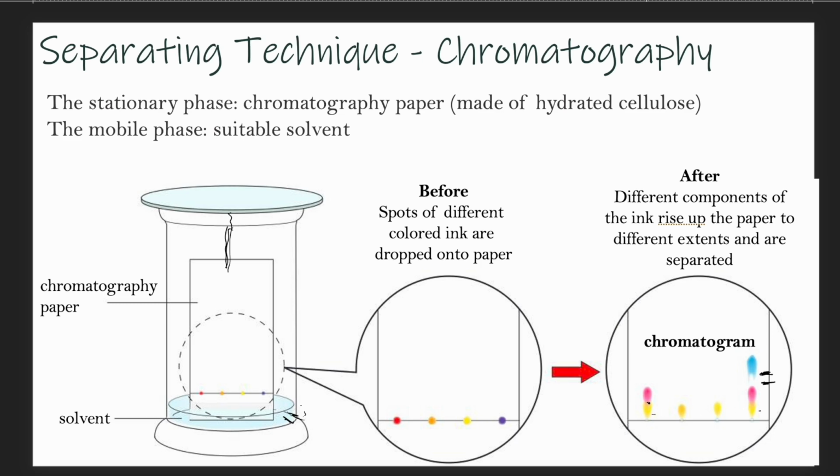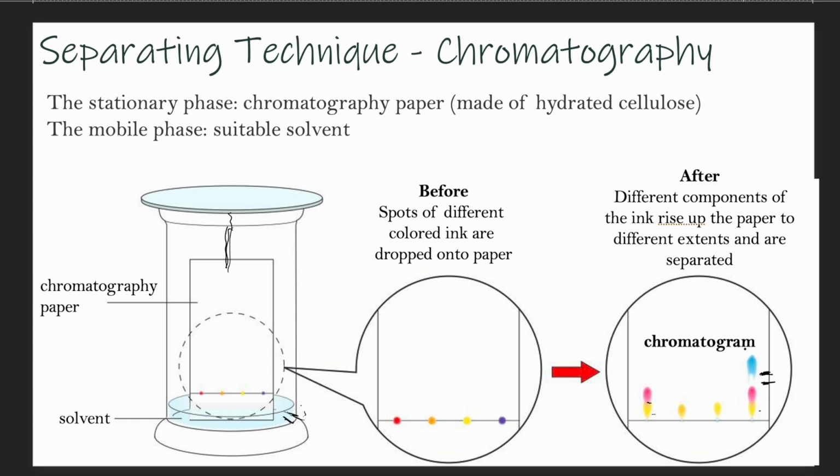This technique can also be used to investigate mixtures like leaf pigments or amino acid mixtures, okay? Less polar components dissolve in the solvent and get carried further up the paper if the solvent is polar, whereas more polar components stay predominantly in the water layer, so this separation can be optimized by using different solvents or mixtures of solvents.